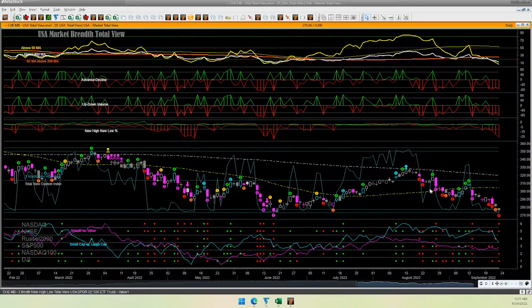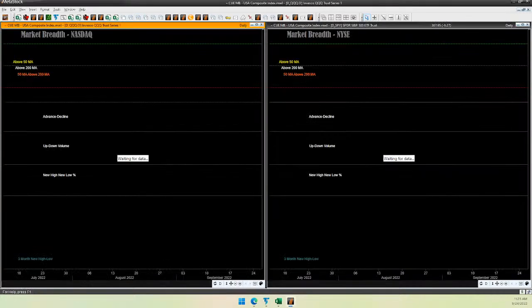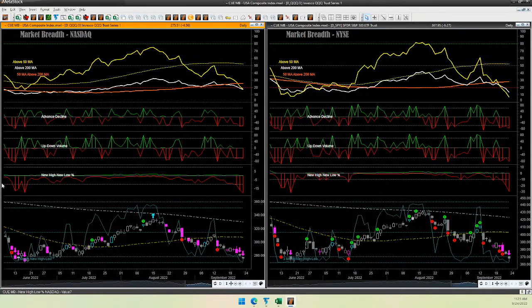Now there is some other powerful signal if we look into NYSE and Nasdaq to tell us that we may get ready to buy. Not buy yet, but get ready to buy. And let's find that out. This is market breadth, but not of total view of Nasdaq and NYSE.